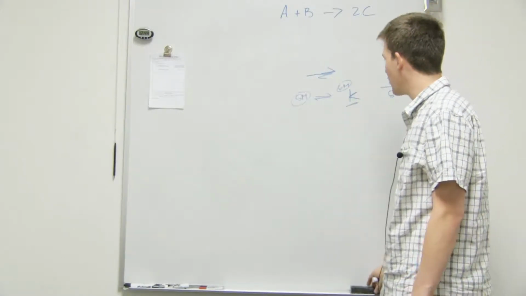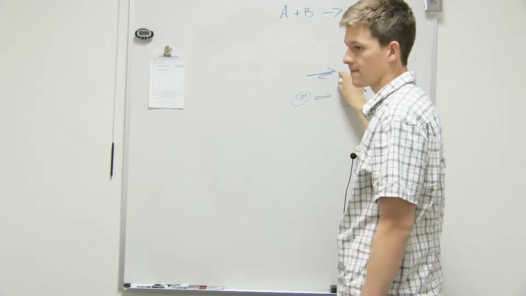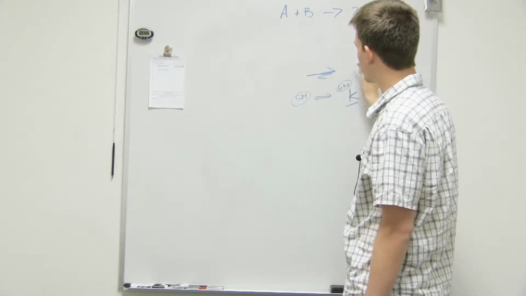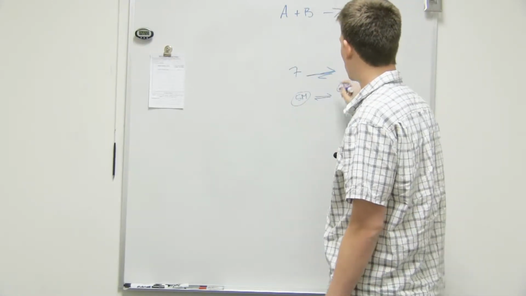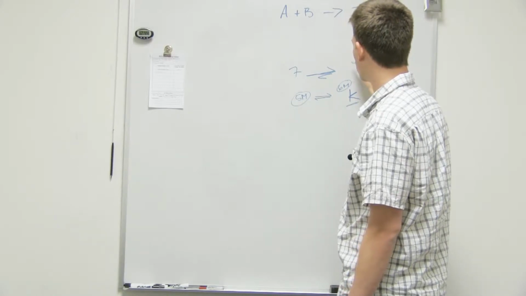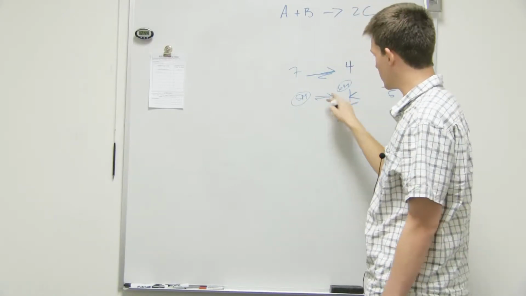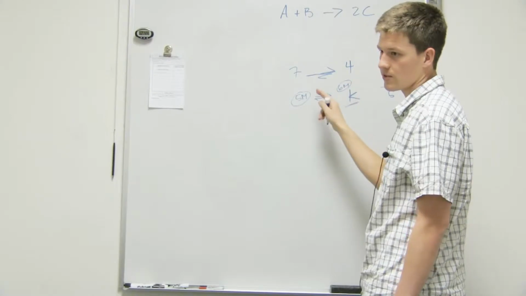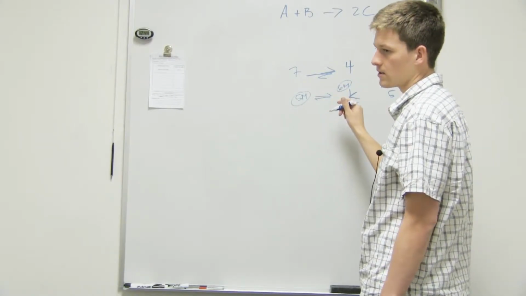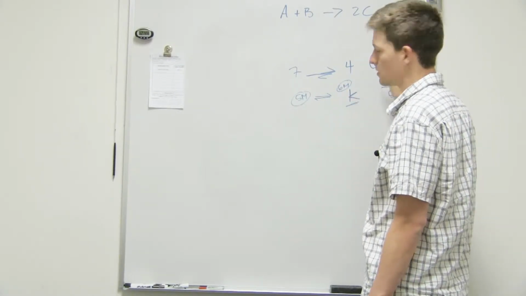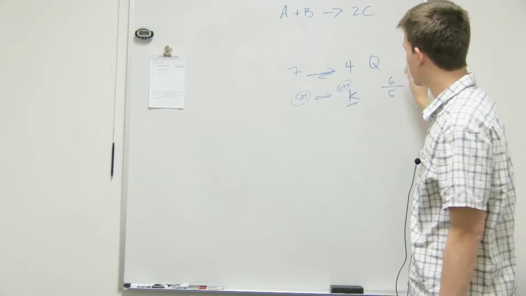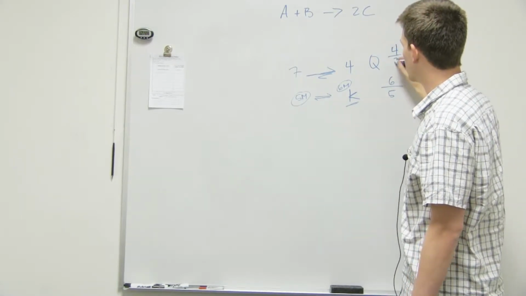But let's say we're at this point still, and we measure the concentrations, and say it's like 7 and 4. We see it's not the right concentrations to be at equilibrium, right? So we're dealing with Q, which is 4 over 7.